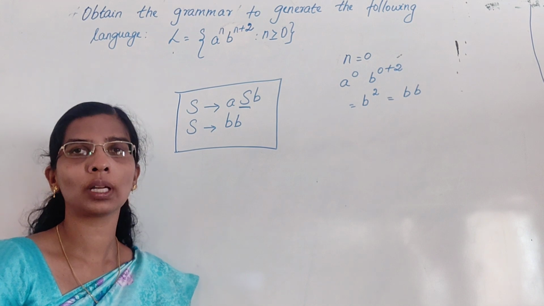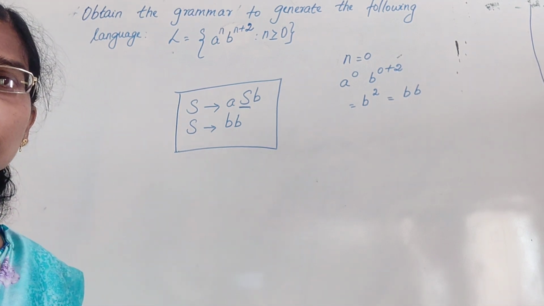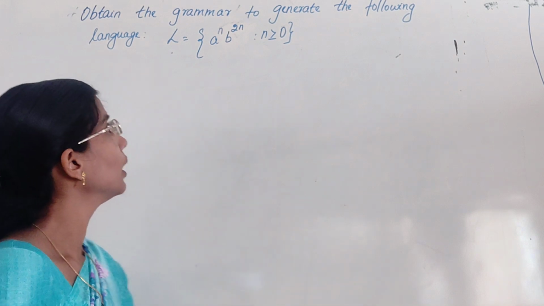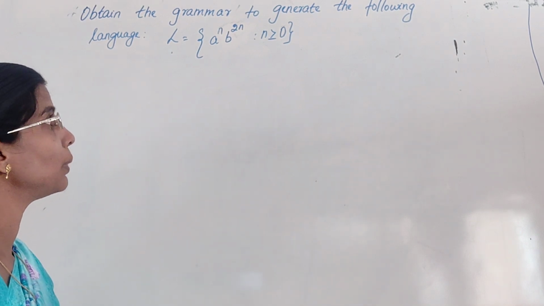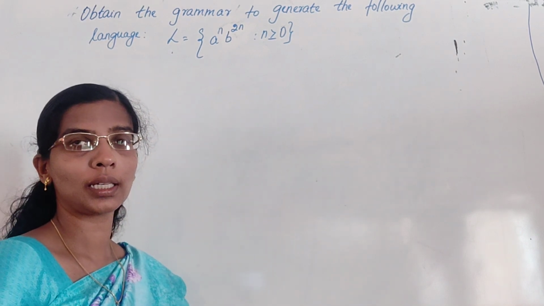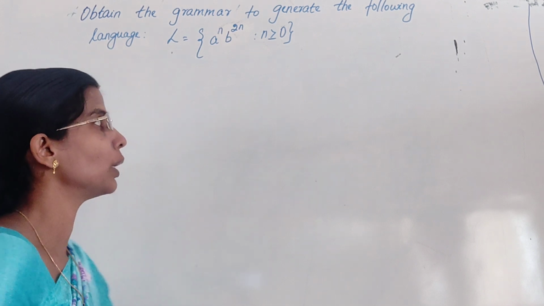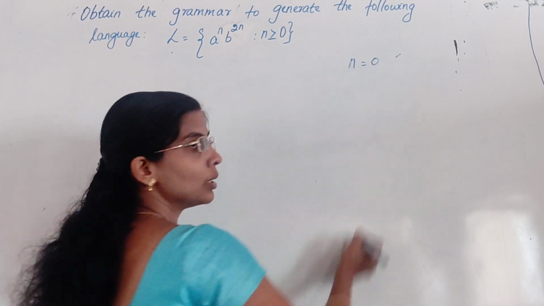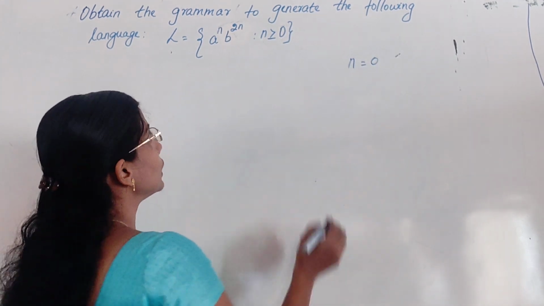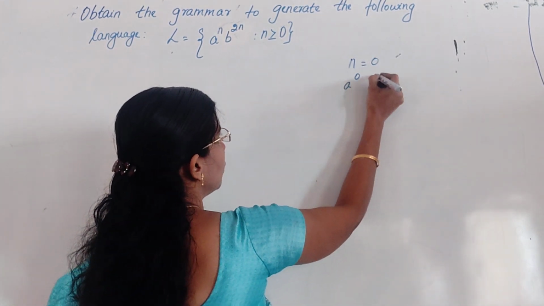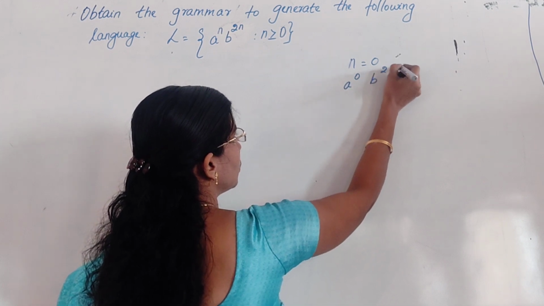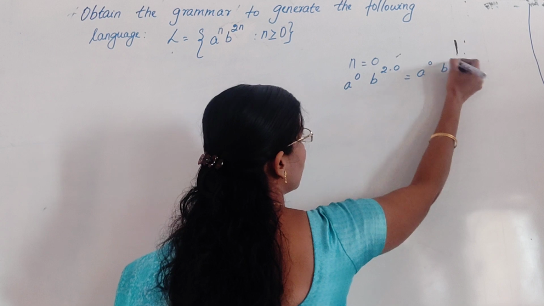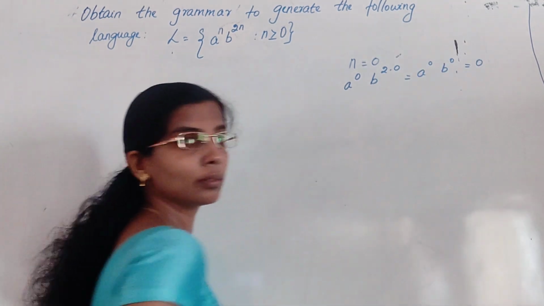We can see one more example here. Yes, students, listen, this language. L is equal to A^n B^(2n). Right? L is equal to A^n B^(2n). Check what is the minimum n value? n is equal to 0. If n is equal to 0, A^0 B^(2 into 0), which is nothing but A^0 B^0, that is nothing.